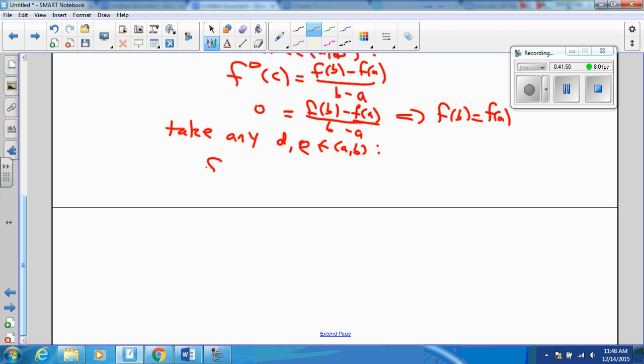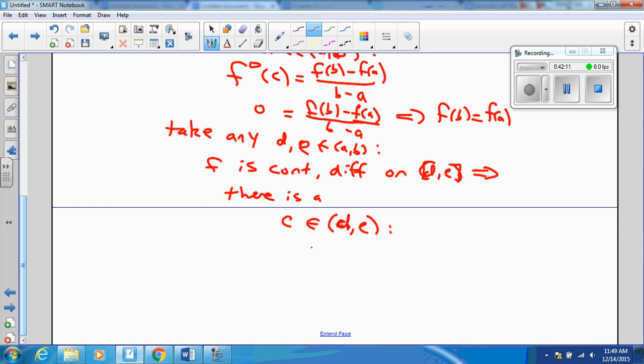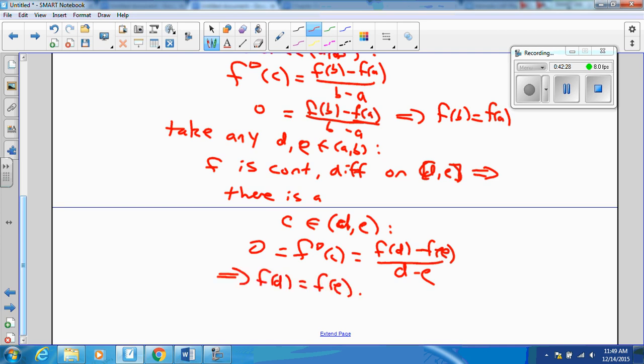Then f is certainly continuous and differentiable on the interval D to E. So there has to be a C somewhere between D and E, such that f prime of C is equal to f of D minus f of E all over D minus E, which is necessarily 0.